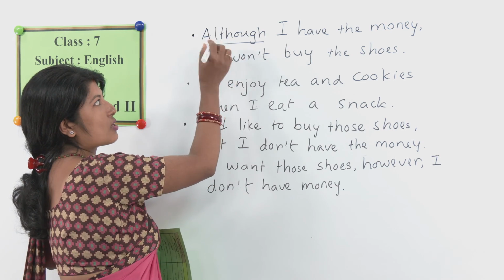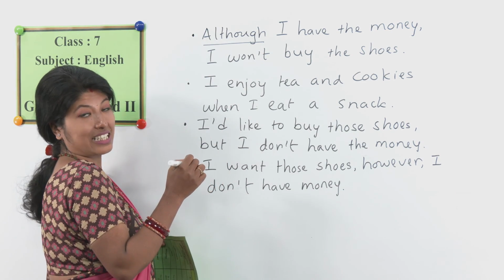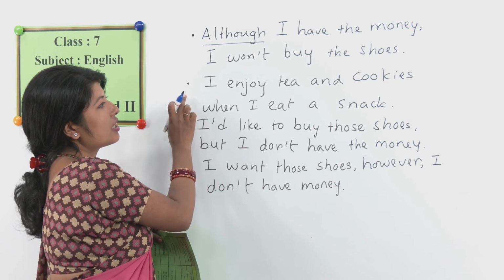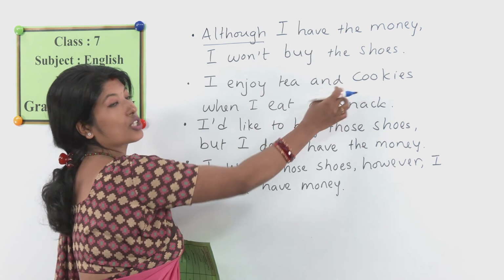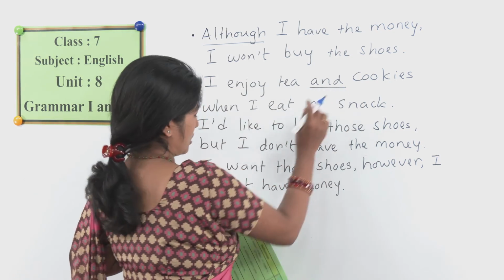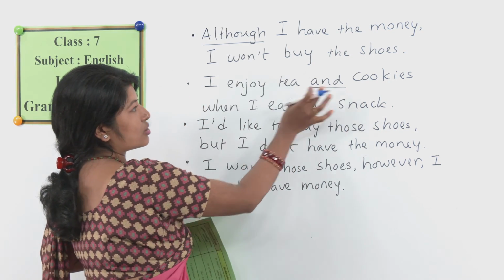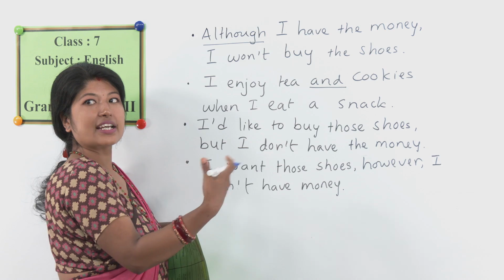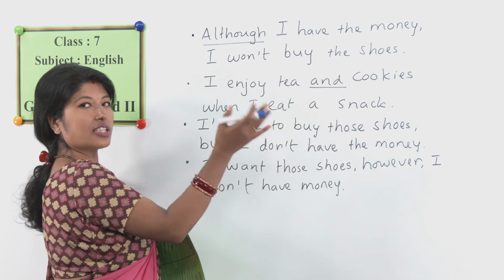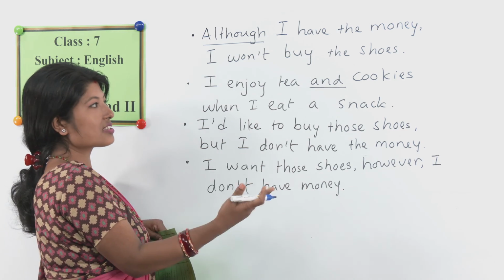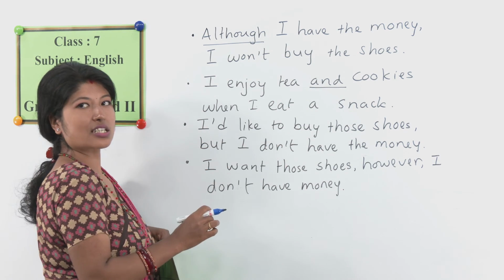So although conveys that sense. Next, I enjoy tea and cookies. Tea and cookies together. Cookies is one more, an extra, additional thing. When something is added, an additional thing is given, then and is used.